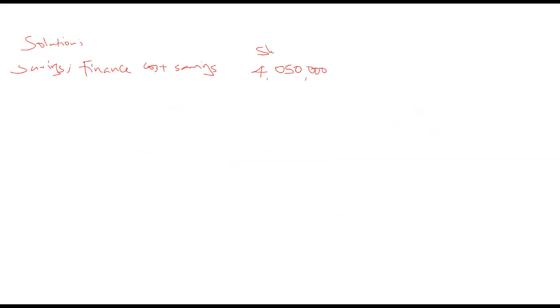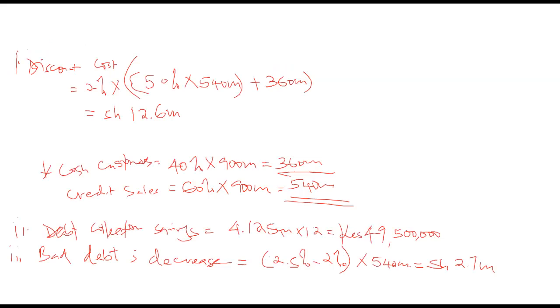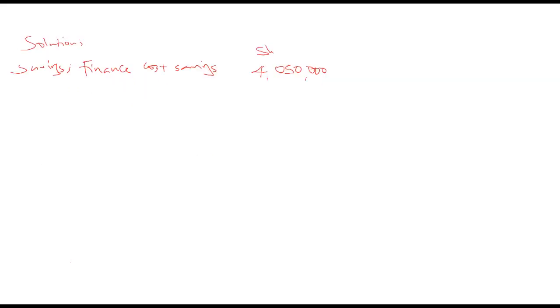Okay, do you have another saving? We have bad debt, yes, the bad debt decrease. We got 2.7 million. Then you have debt collection, 49,500.